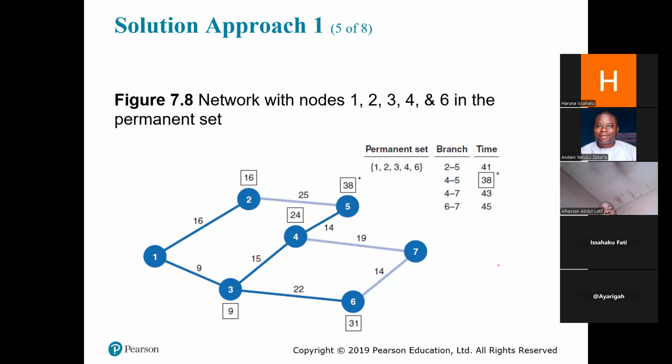If we look at the ones that are directly connected to the permanent set, first we have 2, 5. That will give us 16 plus 25, which is 41 for that branch. Then 4, 5 will give us 9 plus 15 plus 14, which is 38.